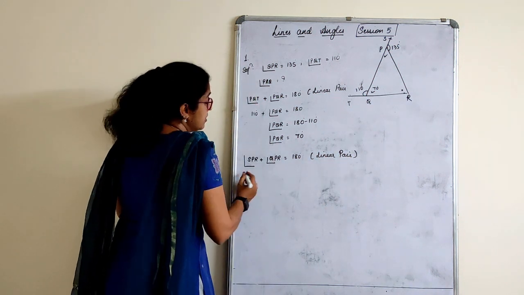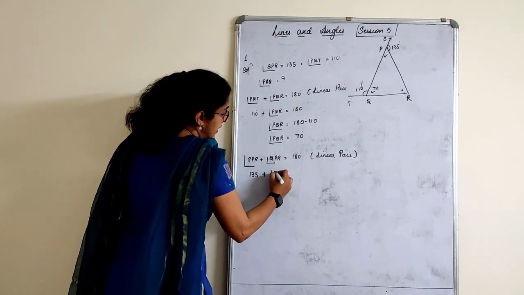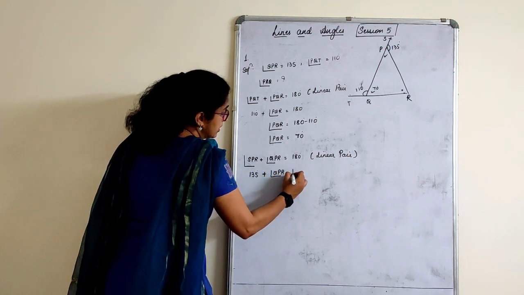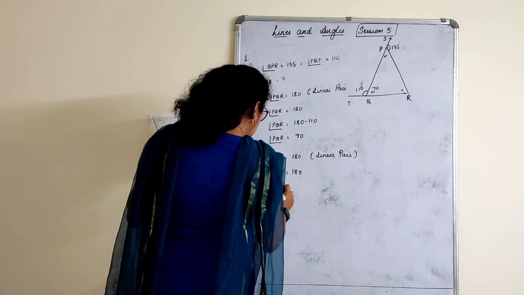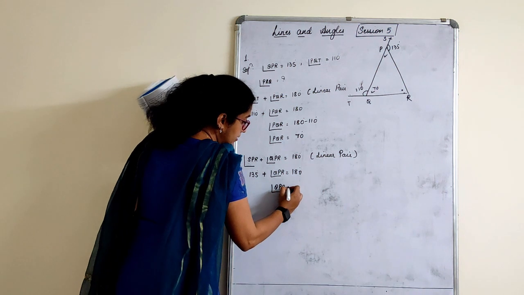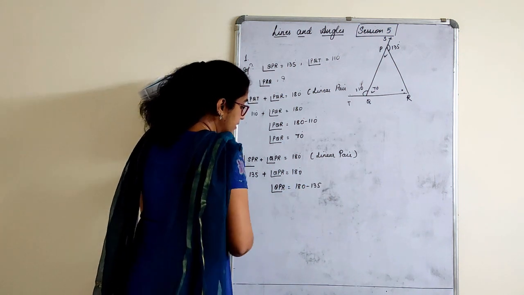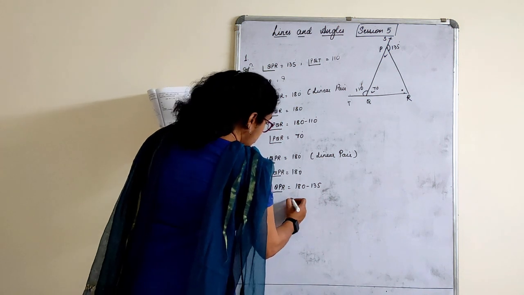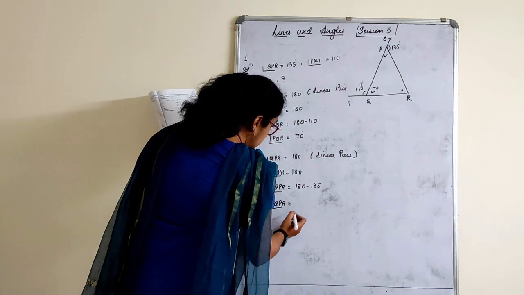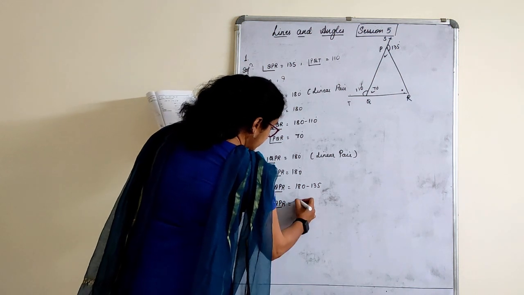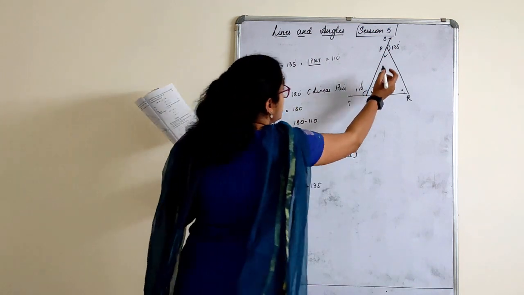So SPR is how much? 135 plus angle QPR is equal to 180. Angle QPR is equal to 180 minus 135. So angle QPR is equal to 180 minus 135, you will get 45 degree. So this is 45.